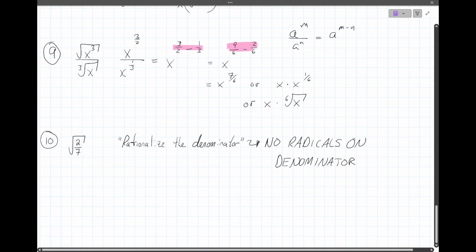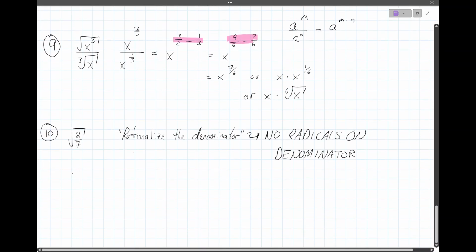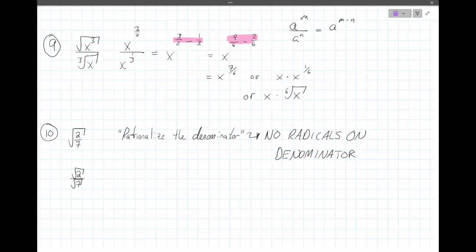So as we do this, let's take a look. I'm going to separate this out, root 2 over root 7, like that. So my first step here is I'm going to put a radical on the numerator, radical on the denominator. But I do know this property, that if I have a square root of a times a square root of a, I will just have the original thing coming out.